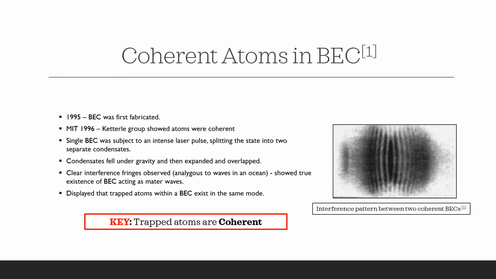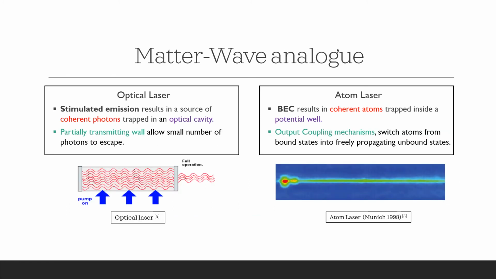And so the key thing to note is that these trapped Bose-Einstein condensates, formed in potential wells and localized in space, are coherent. So this idea of coherent particles trapped and localized should ring bells in regard to optical lasers. An optical laser is created through stimulated emission of coherent photons from excited electrons resonant with incident radiation.